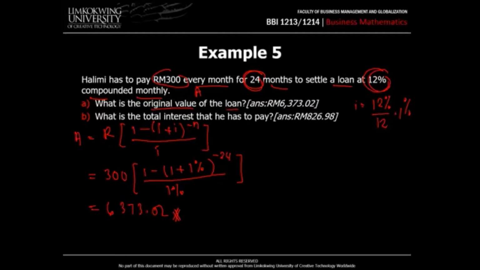And then the question: what is the total interest that he has to pay? So the total interest formula is I equals nR minus A. What is n? 24. What is R? 300.